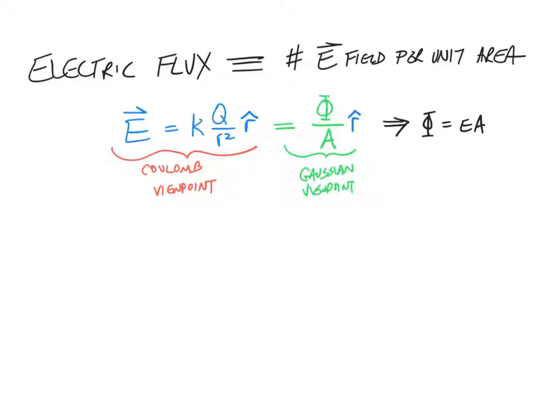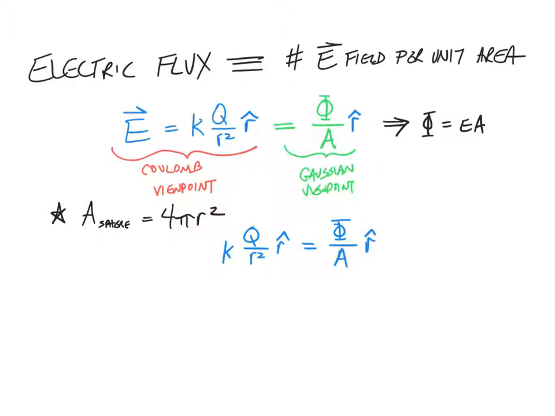Now, the surface area of a sphere is 4 pi r squared. Hope you recall that. So I have this kQ per r squared r hat, and that equals this flux per area r hat.